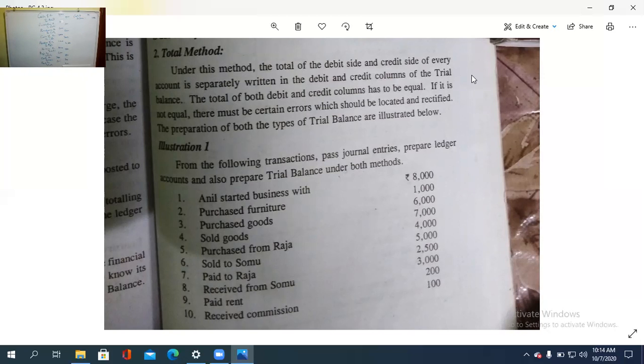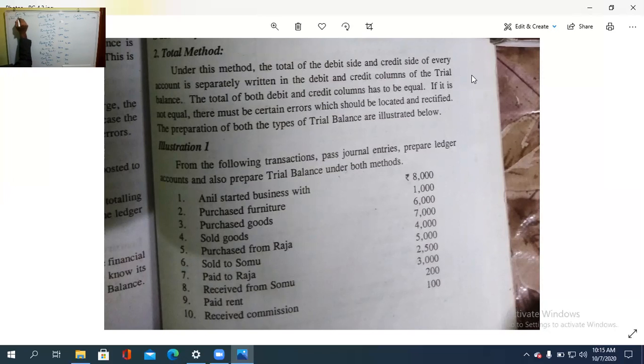So what all accounts need to be prepared? Cash is there, Anil is there, furniture is there, purchase is there, sales is there, Raju or Raja is there, Somu is there, rent is there, commission is there. So we will start with the cash account. Under that, what is the first entry? To Anil.